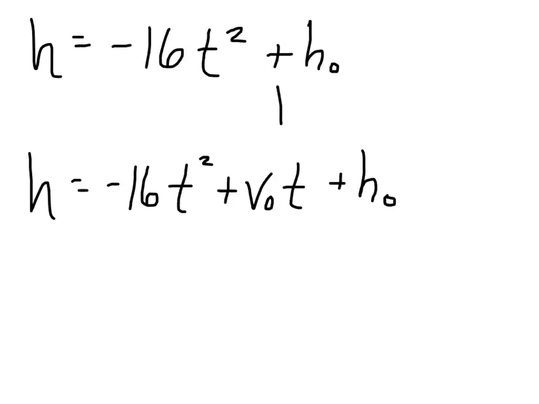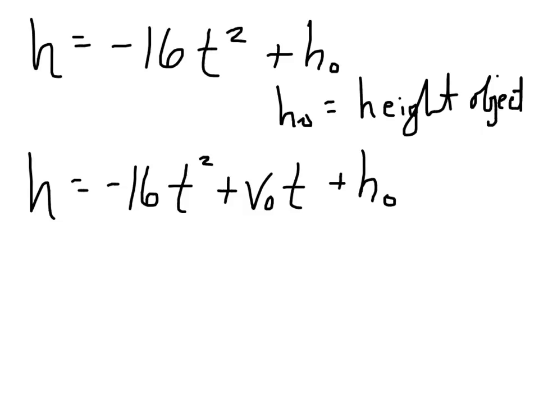This h0 stands for the height the object is dropped from, or the height that the object starts at. So for instance, if I threw a ball right now at Amanda, whatever my height is when I release it. This is about 6 feet because I'm 5'11".